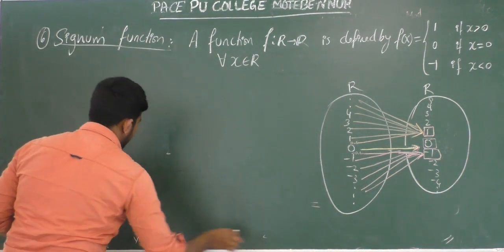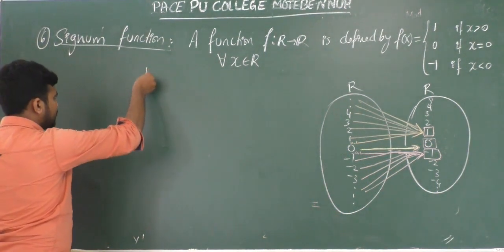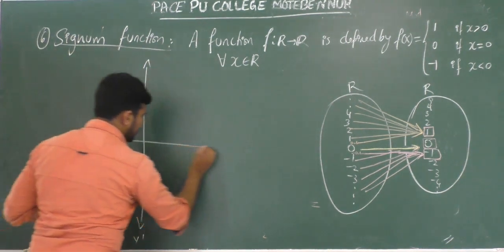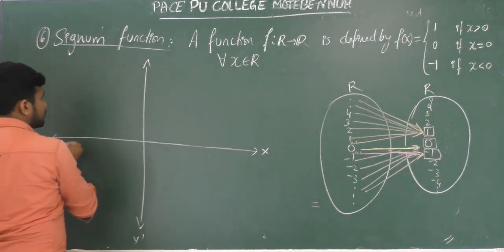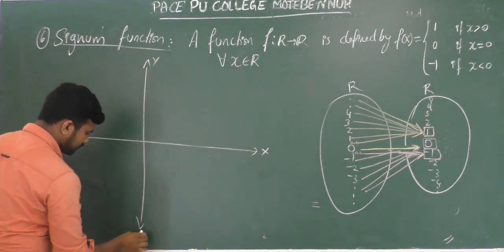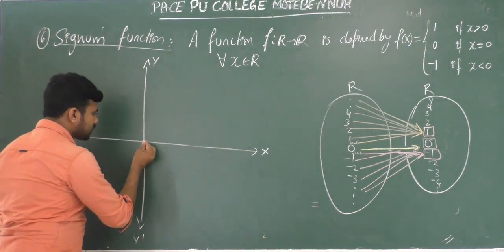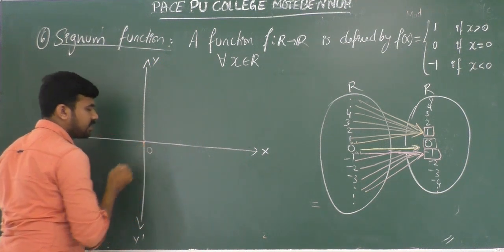So for that, first I'll consider a Cartesian plane. Okay, see, this is the y-axis and then it is nothing but the x-axis. Okay. Now, as per definition, the image of 0, this point, is 0 itself.